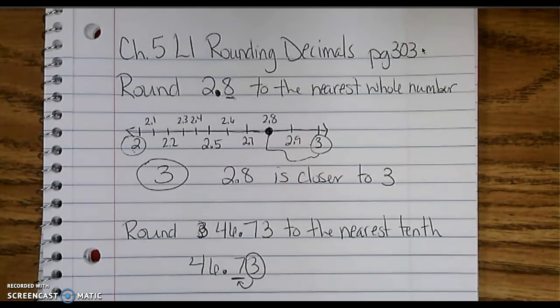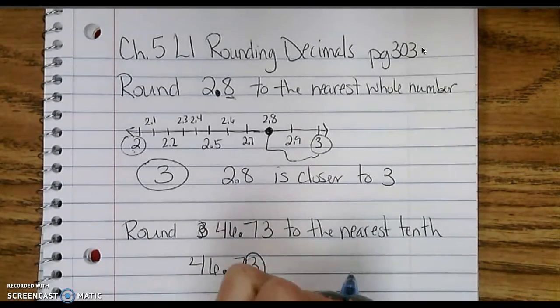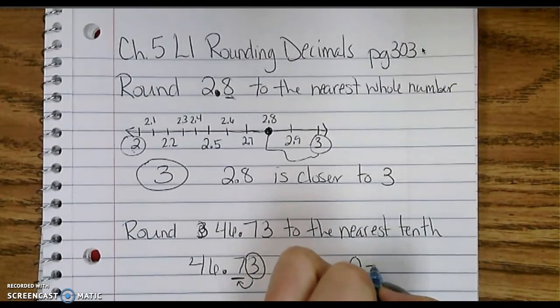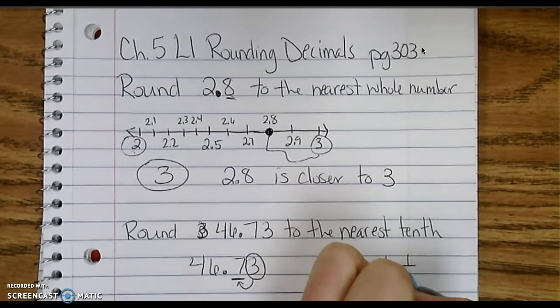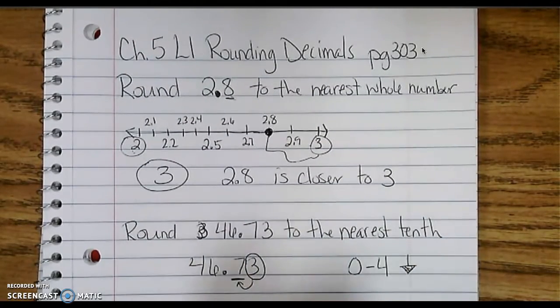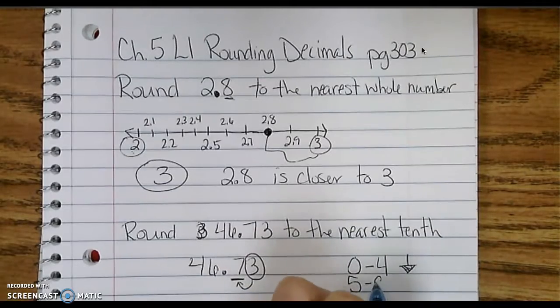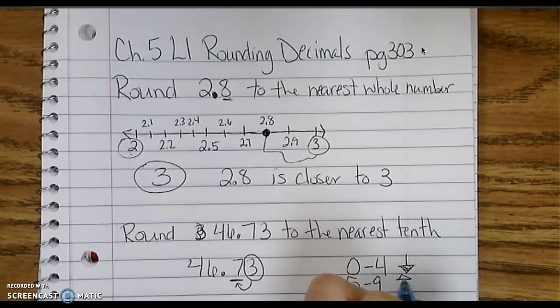And just like rounding rules for whole numbers, if the digit to the right is 0 through 4, I'm going to round down. And if that digit to the right is 5 to 9, I'm going to round up.